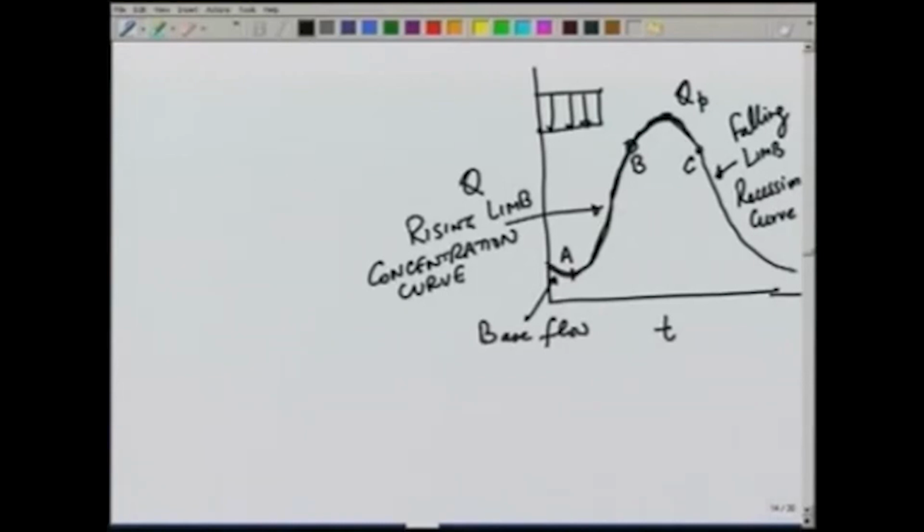The portion from B to C encloses the peak. So, this BC is typically called the crest segment.